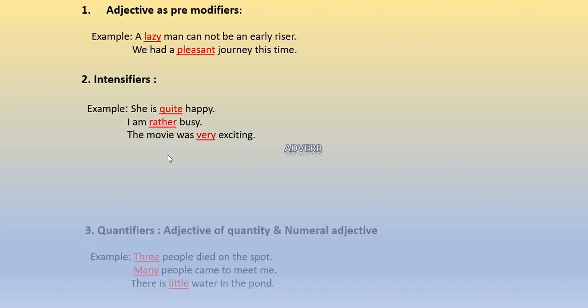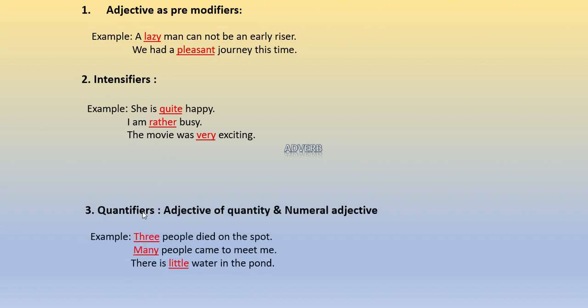Then comes quantifiers. The very word tells us that it is about quantity. So adjectives of quantity and numeral adjectives are used as quantifiers. Adjectives of quantity, what are they? Many, much, little, some, all, etc. And numeral adjectives are 1, 2, 3, 4, these numbers.